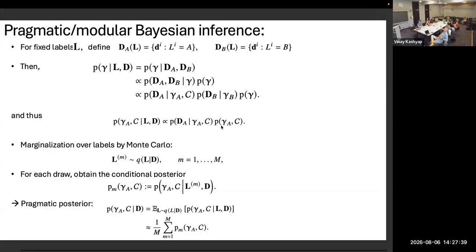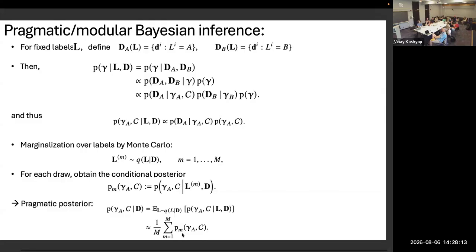So that's great now, because in this case we can just sample from our classifier. We get a sample from the classifier type probabilities, and basically we marginalize over the types by just doing some Monte Carlo averaging. That is, you sample from the type probabilities that we get from the classifier, we fit the 1A model and get a posterior, and we average over various draws from the classifier, fitting the 1A models together, right?